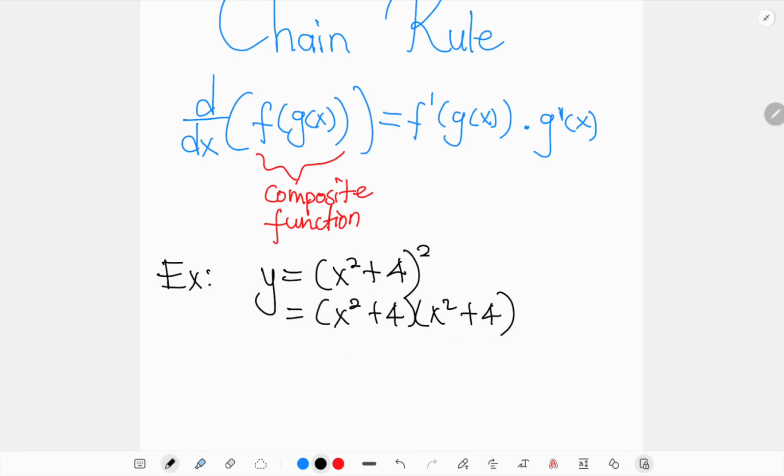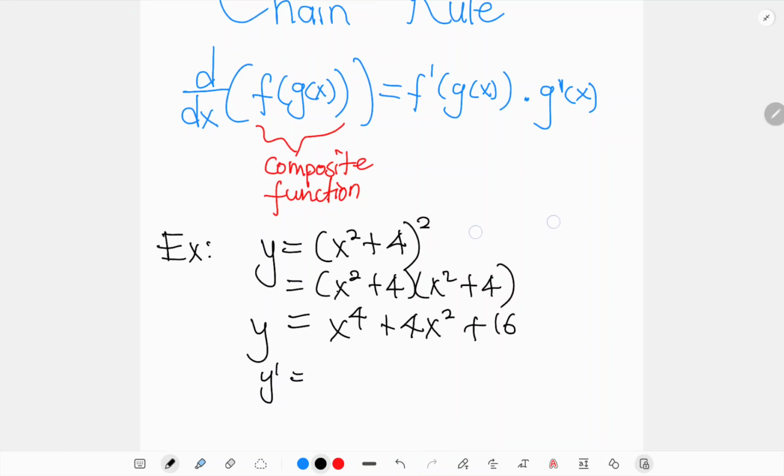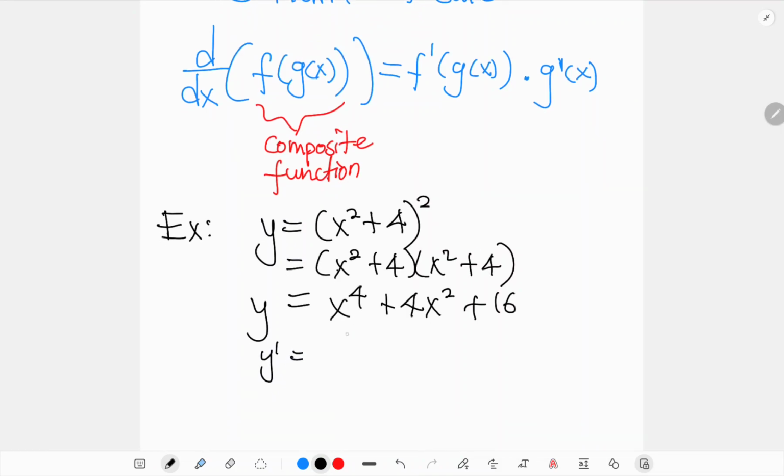Then you distribute, and it will give you x to the 4 plus 8x to the 2 plus 16, right? Then you easily find the y prime of this without using the chain rule. So this will be 4x to the 3 plus 16x, and then plus 0 if you want to write the 0, right? So this is what would happen if you're given something like this.